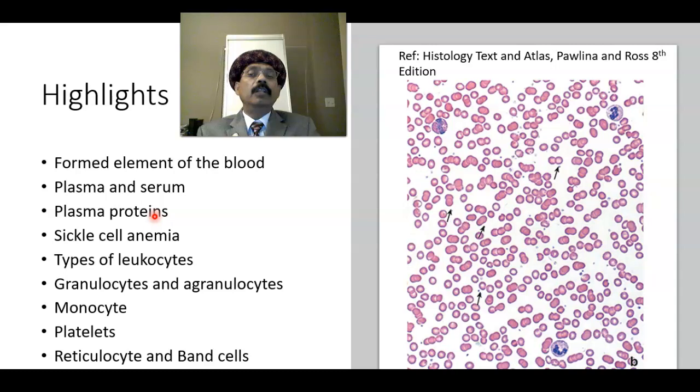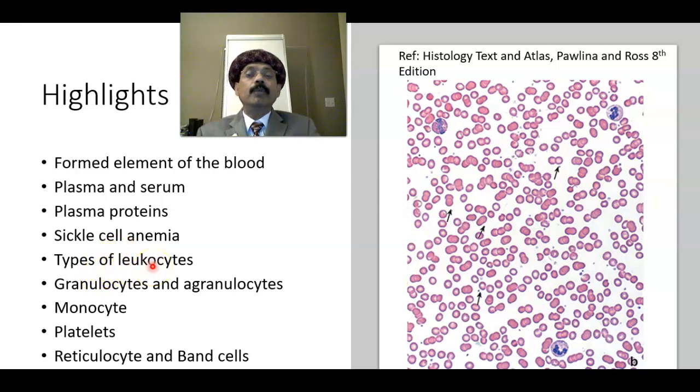So there are a lot of functions of the plasma proteins. Sickle cell anemia is anemia due to a point mutation of the hemoglobin. Hemoglobin may not be normally distributed in the RBC. It takes a boat shape, and the pointed portion may damage the cell membrane. There may be a chance of hemolysis, maybe within 20 days.